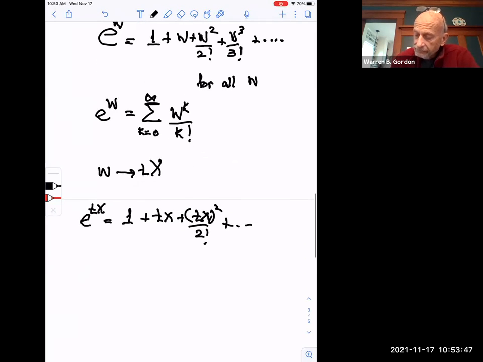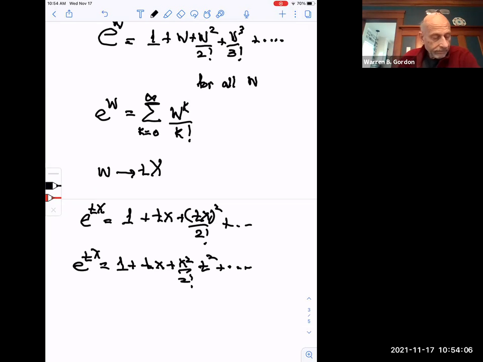Where e to the tx is equal to 1 plus tx plus x squared over 2 factorial t squared, and so on. Now, suppose I take the expected value.